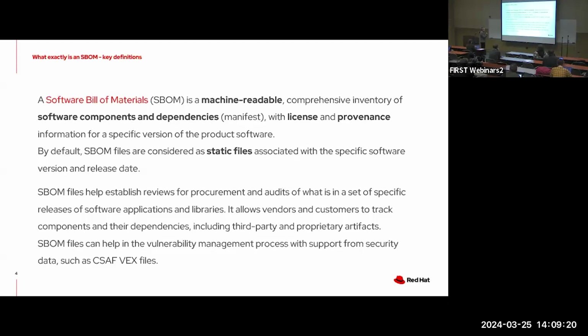SBOM files help establish reviews and support procurement and audits. It is also important to know that SBOM files allow vendors and also customers to track components and their dependencies, including third-party and proprietary artifacts. SBOM files can also help in the vulnerability management process with support from security data, like CSAF VEX files.